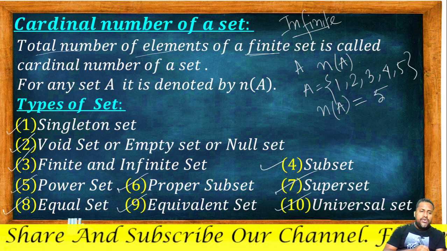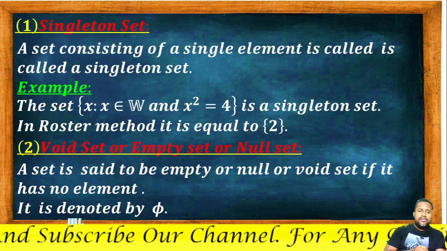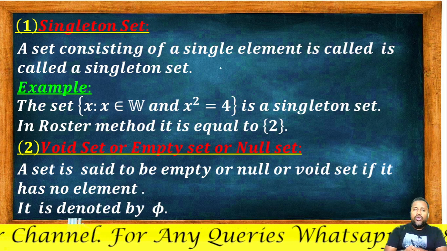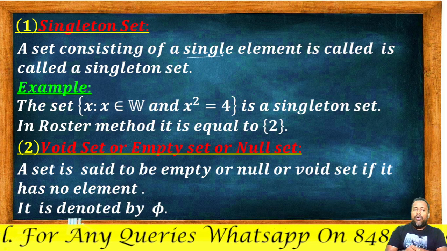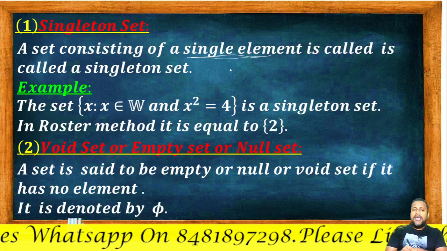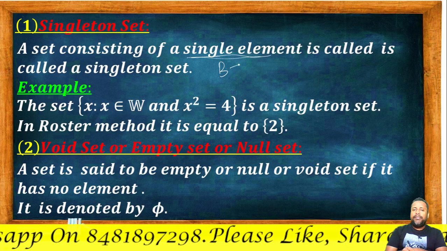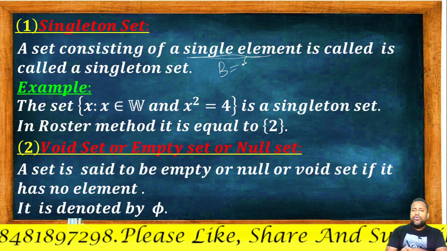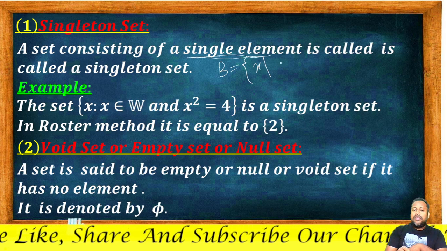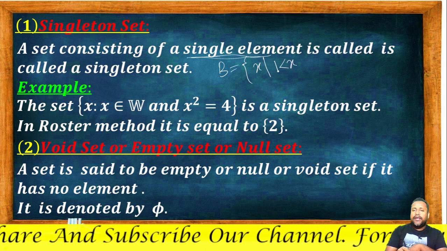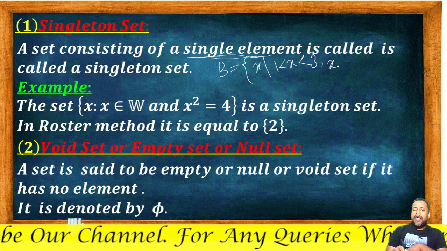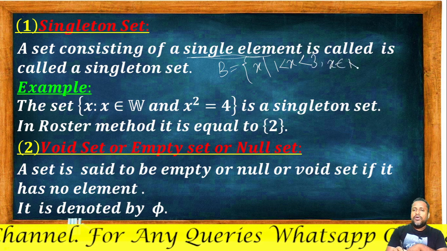First one is the singleton set. What is a singleton set? A singleton set is a set which consists of only a single element. Say let B be any set and B equals {x such that x greater than 1, less than 3, and x belongs to N}.